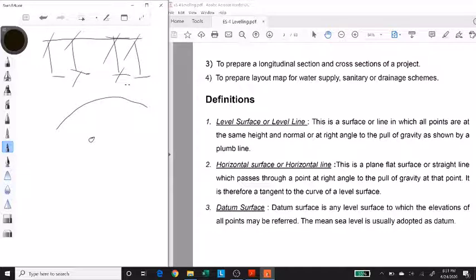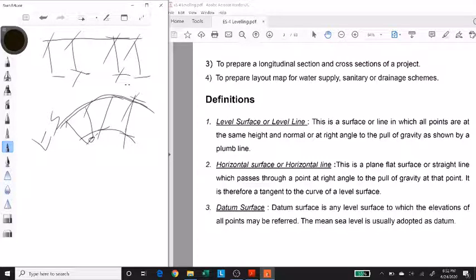It's a curve. So this curve would have points at the same height from that reference line, because the shape of the earth also is in the same curvature. So this line is called a level surface or a level line.